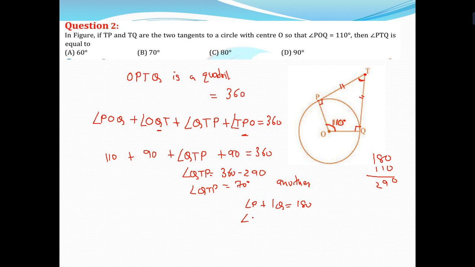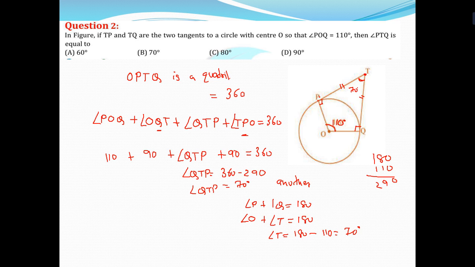Same thing, angle O plus angle T is equal to also 180. Here 90, that is already. Now if I want to find out T, then T is equal to 180 minus angle O, that is 110, that is 70. So two different ways I will give the answer.